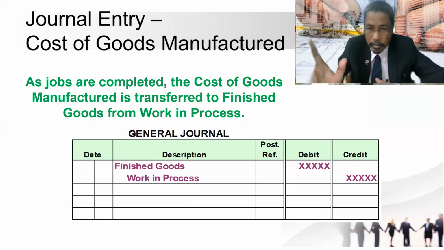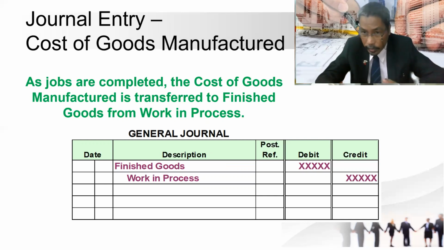Some amount will finish, and therefore that specific amount will become finished product. So, put an amount on the debit side for finished goods, and that same amount has to be copied into the credit side for what? Work in process. Do it again minimum 10 times.